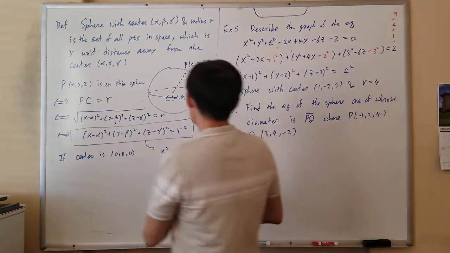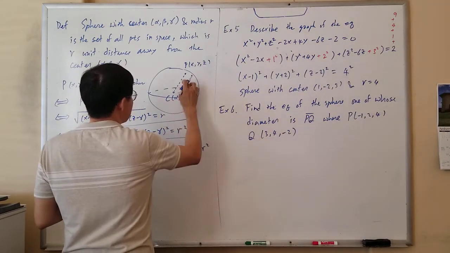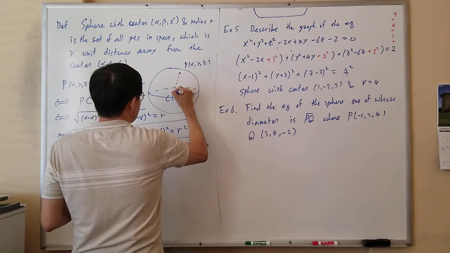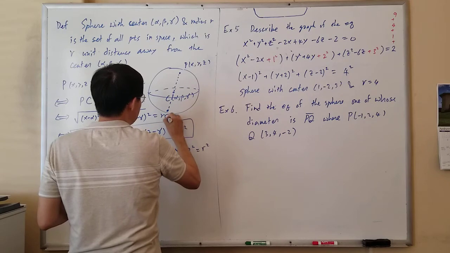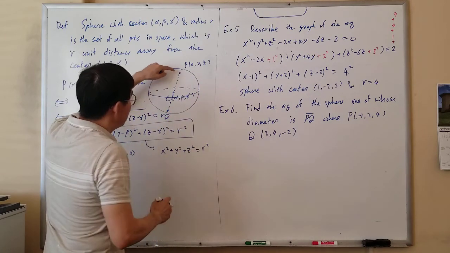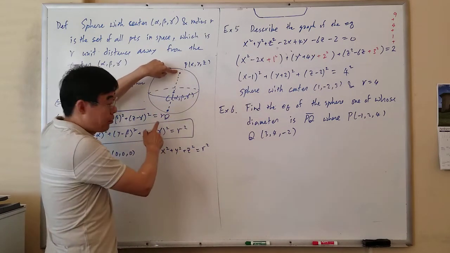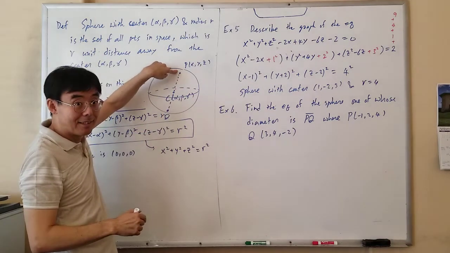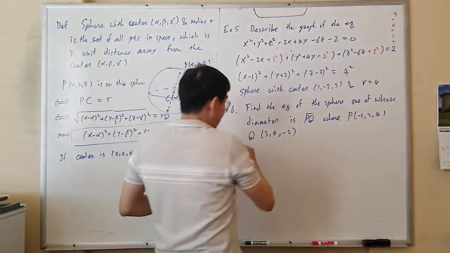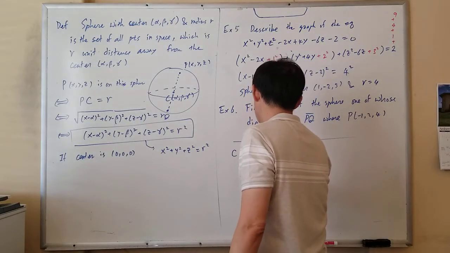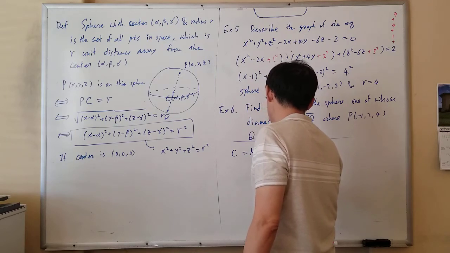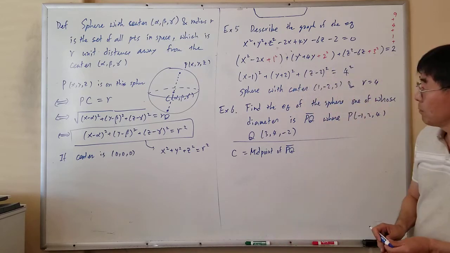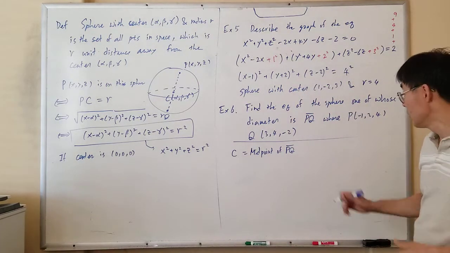Well, P and Q, let's say P is over there, Q is over here. P and Q are both on the sphere. Diameter means that it goes through the center. So your center should be the midpoint of PQ. The center of the sphere should be the midpoint of the two endpoints of the diameter.